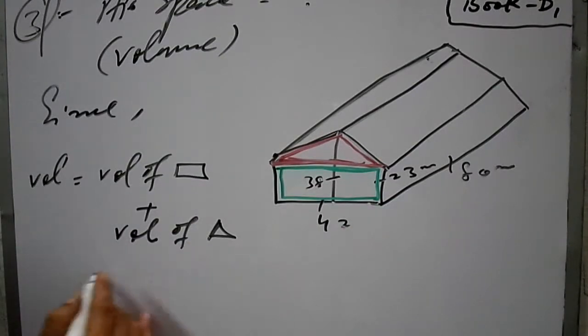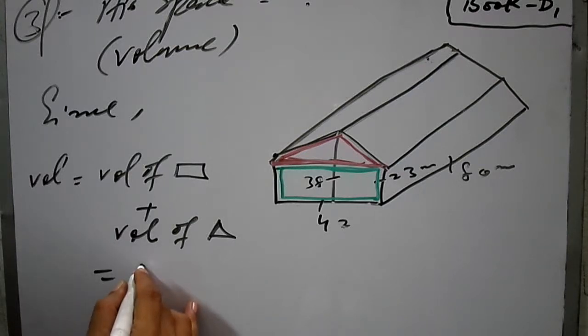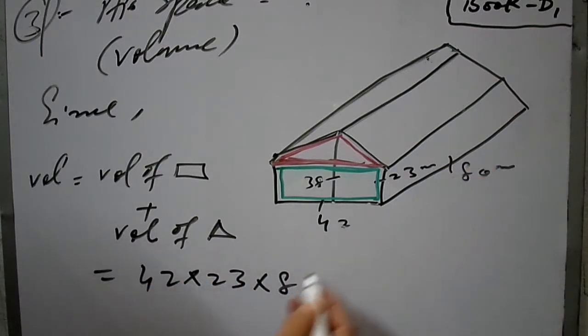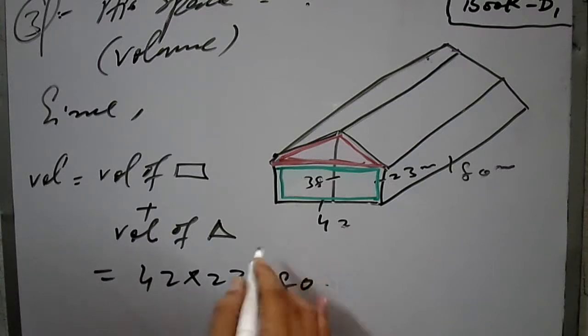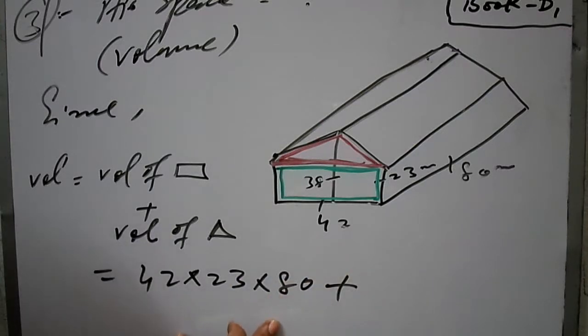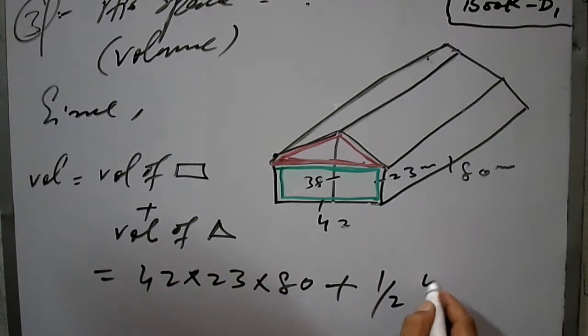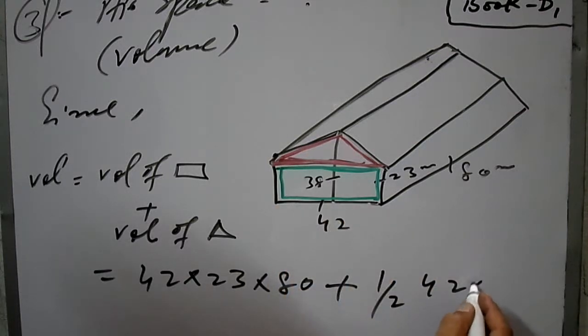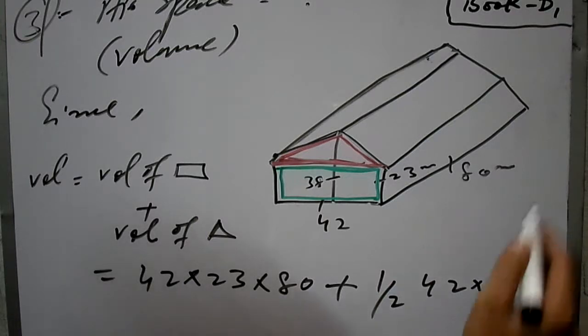So that is the triangle size. Putting the values, volume of rectangle is length into width into height. It doesn't matter if we change its sequence. And the volume of triangle is half base into altitude, that is base into height, and into length.